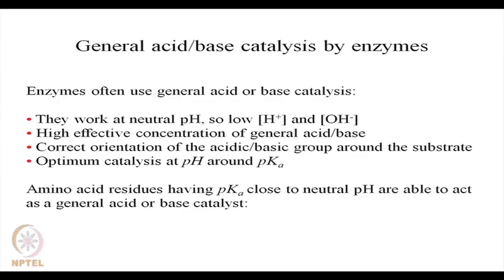Now, general acid base catalysis for enzymes. Enzymes often use general acid or general base catalysis. Within our body the physiological pH is around 7, that is 7.4.